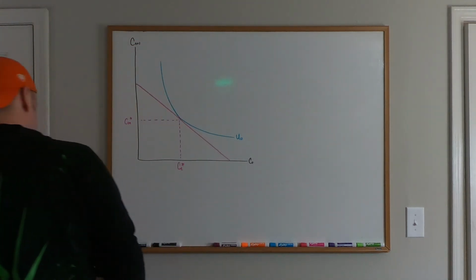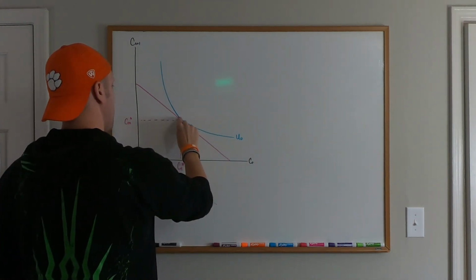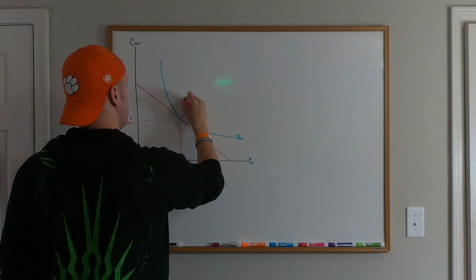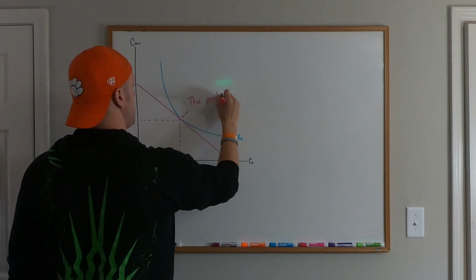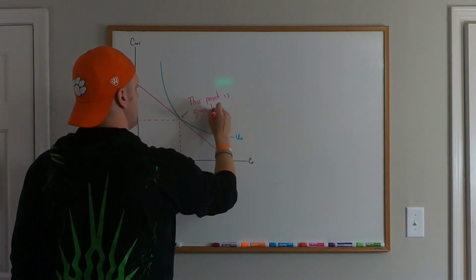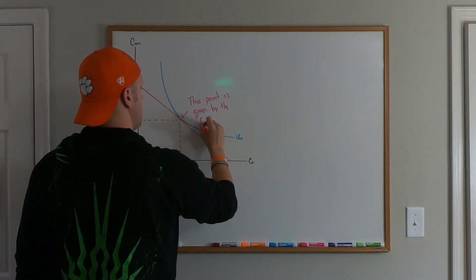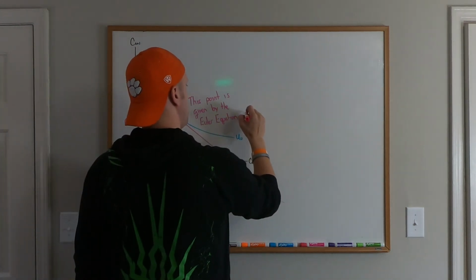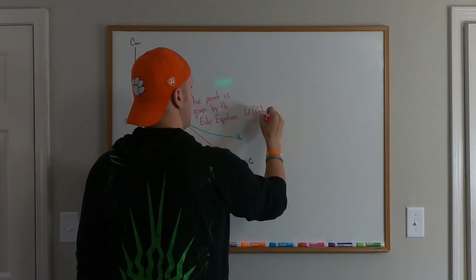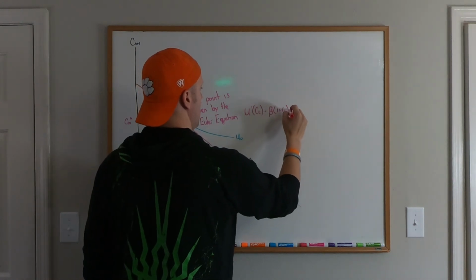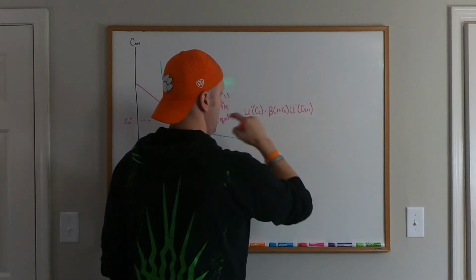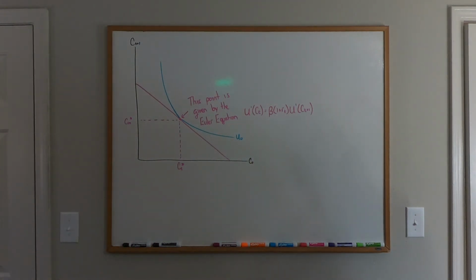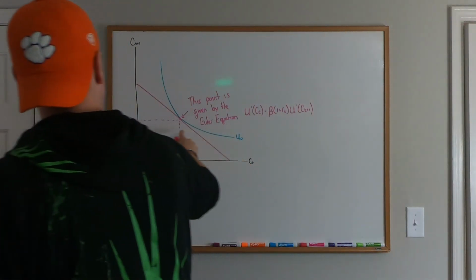And at this point right here, this point is given by the Euler equation: u prime of c_t equals beta times (1 plus r) times u prime of c_t+1. The Euler equation gives me that point.